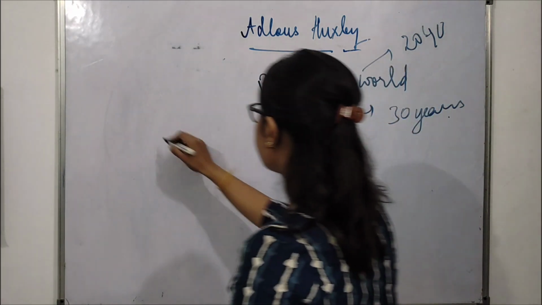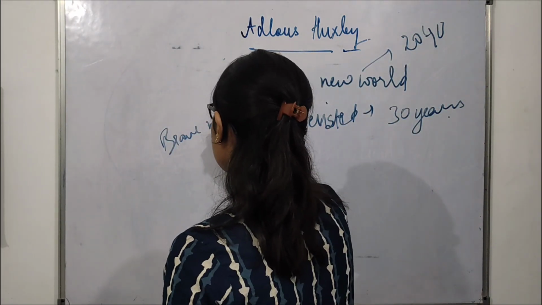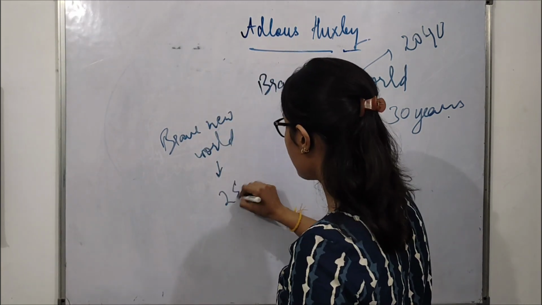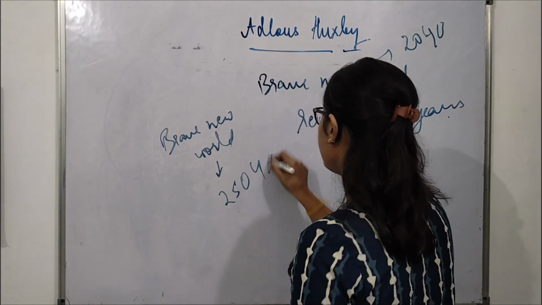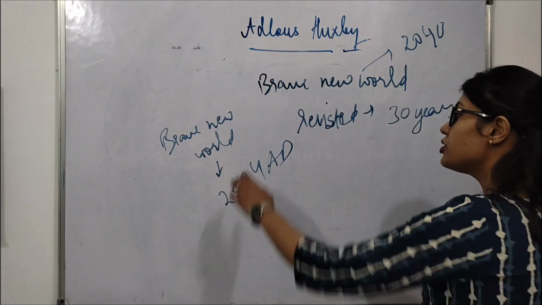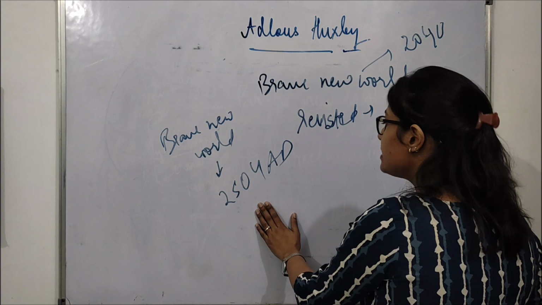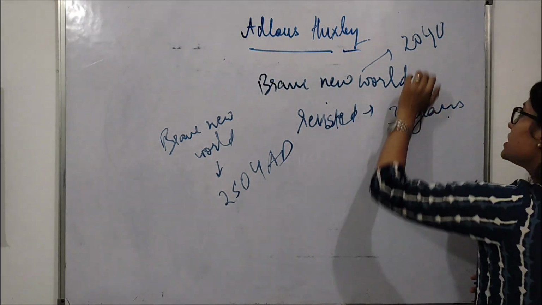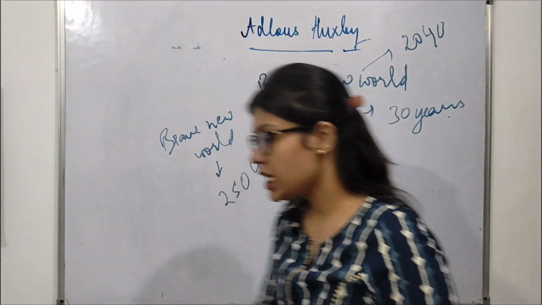I forgot to tell you, Brave New World, the book that we were talking about, was set in 2504 AD. So the first book, Brave New World, is set in 2504 AD, and Brave New World Revisited is set in 2040 AD.